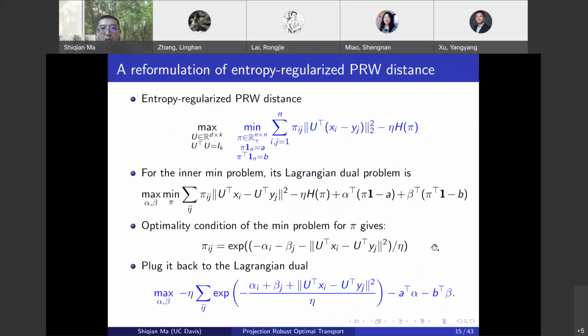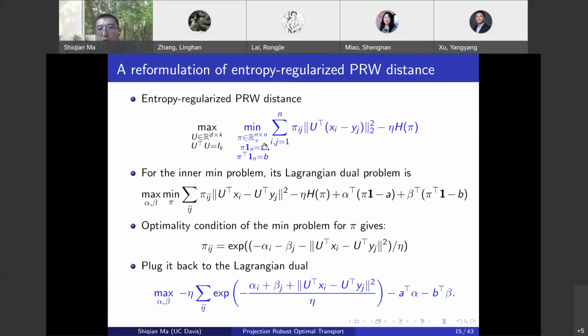So now let me introduce our algorithm. Our algorithm is also based on a reformulation of the entropy regularized projection robust Wasserstein distance problem. So we consider the same entropy regularized problem, right? This is the entropy regularized problem. And then we look at this minimization part.